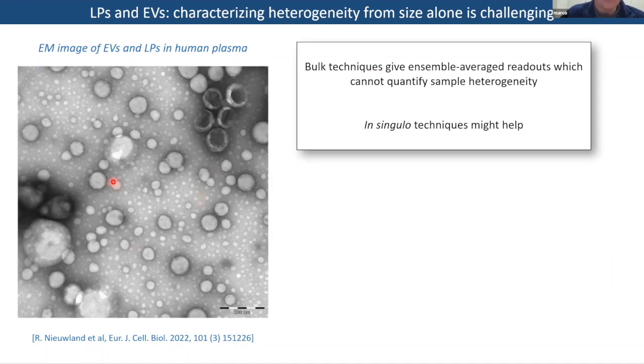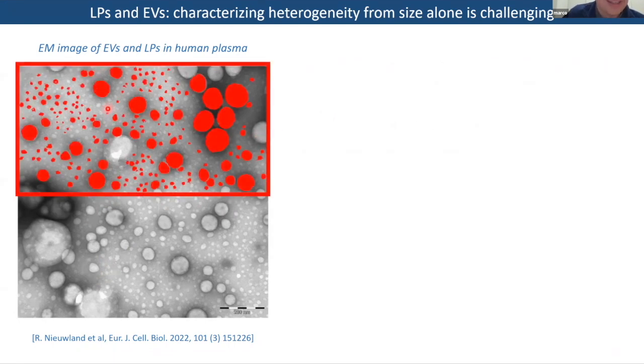As a kind of game, I didn't have access to an EM image of plasma, so I stole it from this paper by Newland et al., which came out this summer. And as a sort of game, I imported it in ImageJ and just measured the lateral diameters.